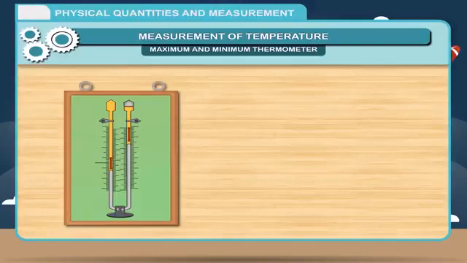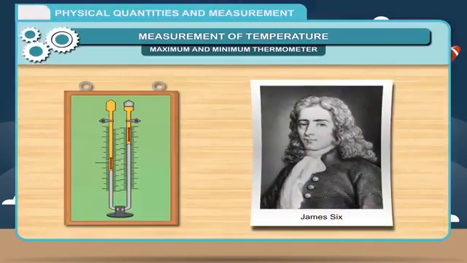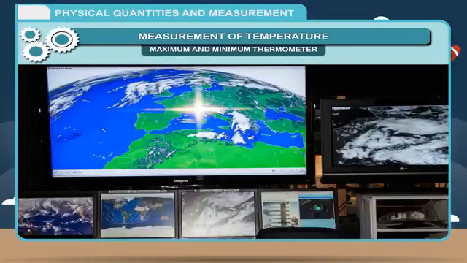This thermometer was invented by James Six in the 18th century. Therefore, it is named after him as Six's thermometer. This thermometer measures the minimum and maximum temperature attained during the day. It is used by the meteorologist to record the highest and lowest temperature of a place on a given day.